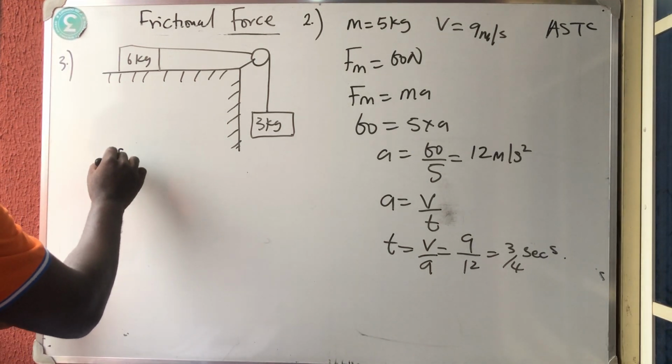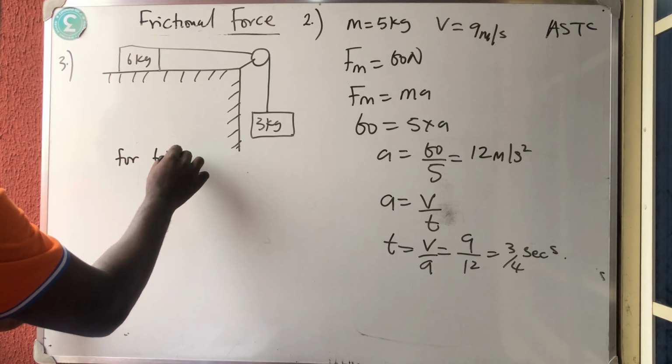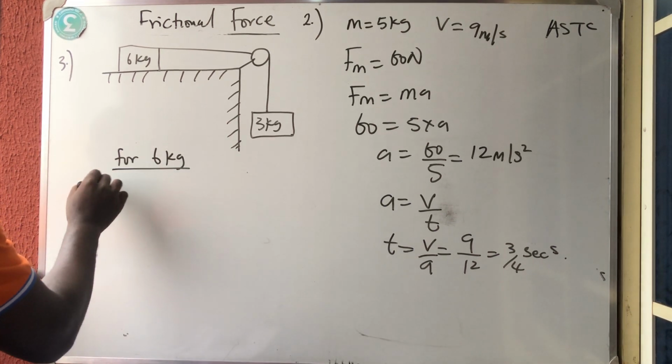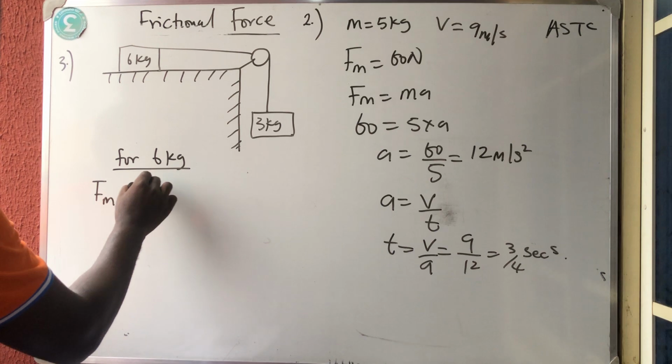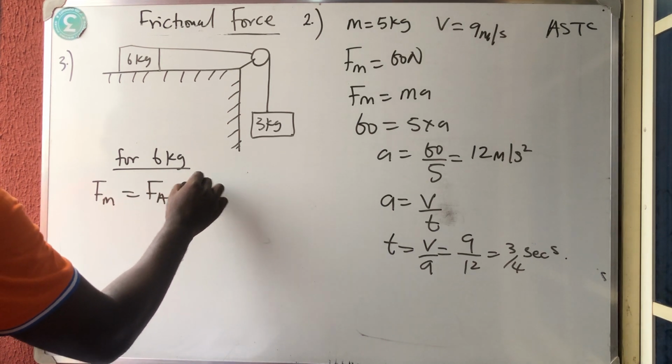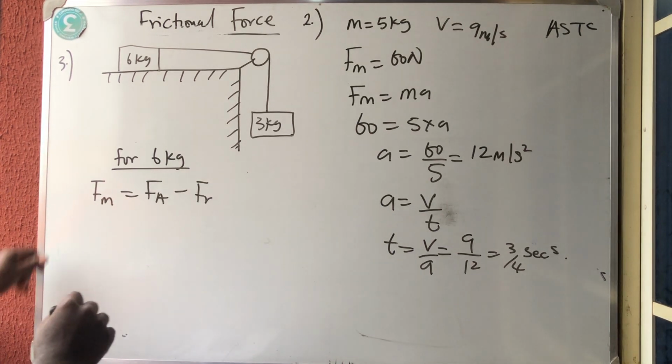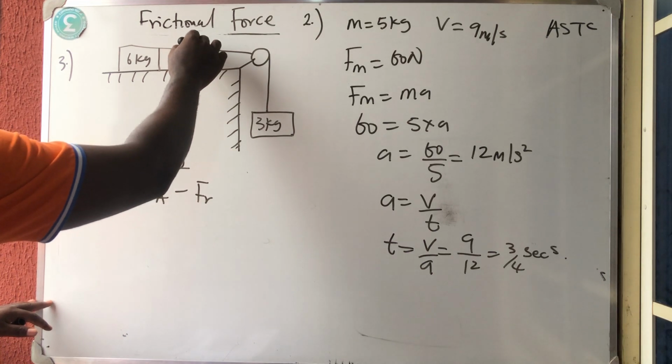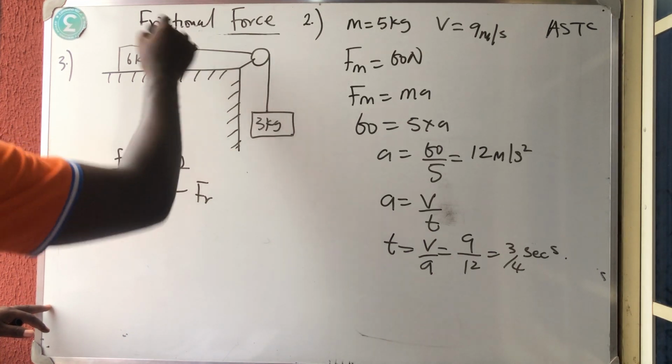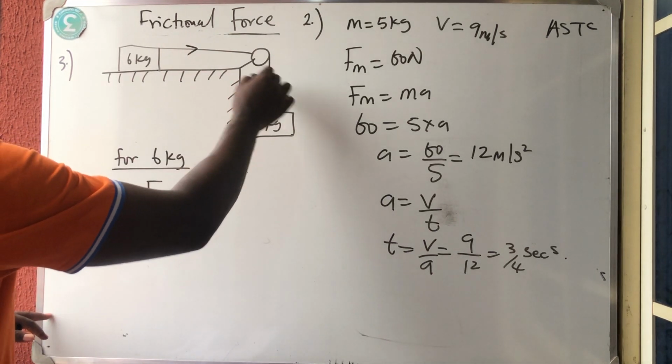Now, for the 6 kg, normally we know that the moving force is equal to the applied force minus the frictional force, but there's no frictional force here. The only thing we have here is an applied force, going this way, and this one coming this way.